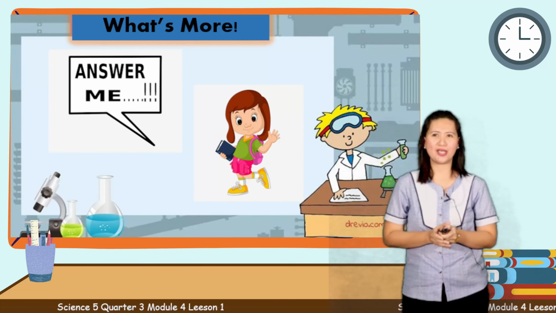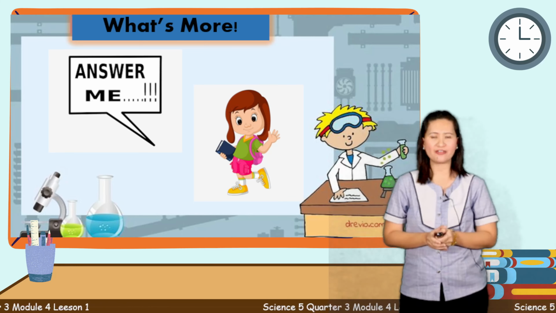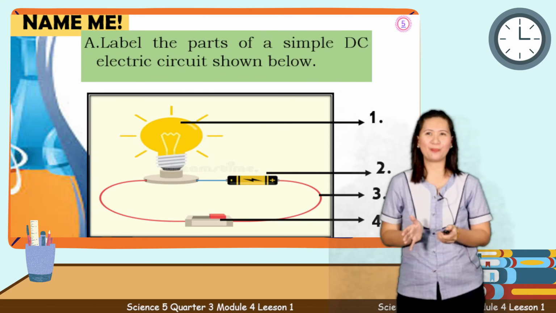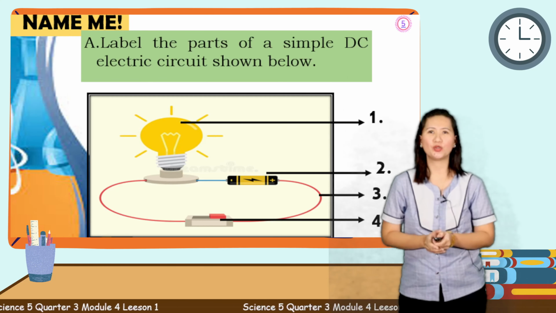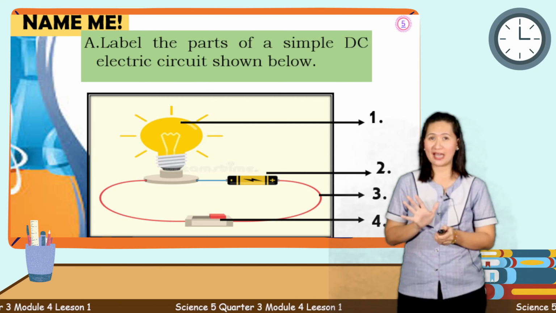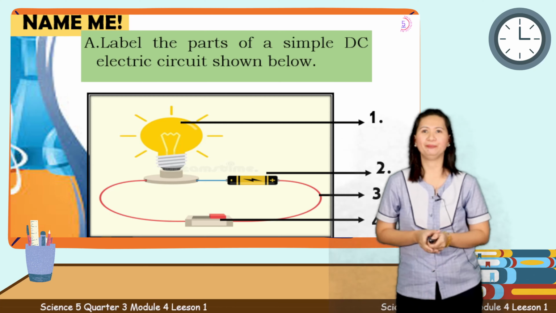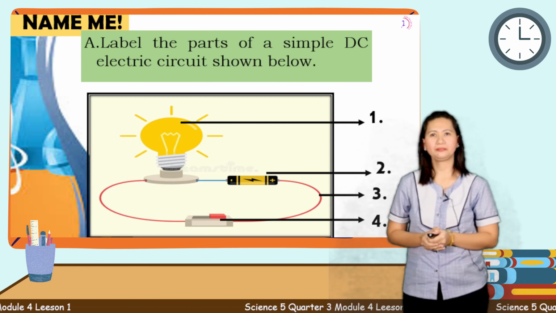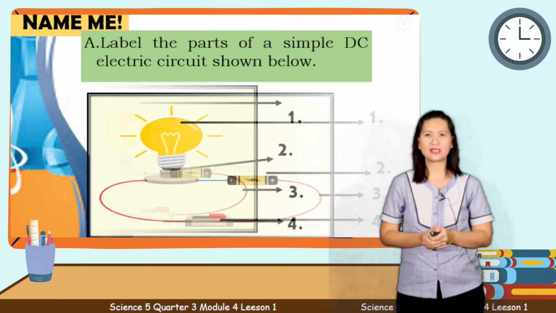And here we are. So, this time we're going to answer some activities. Label the parts of a simple DC electric circuit shown below. So, I'll give you 5 seconds to think of those parts. Okay, time is up.